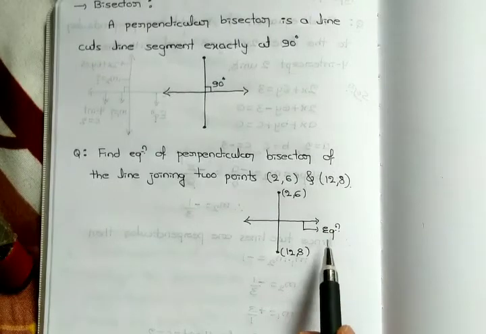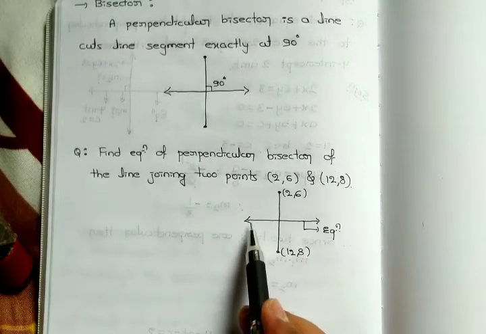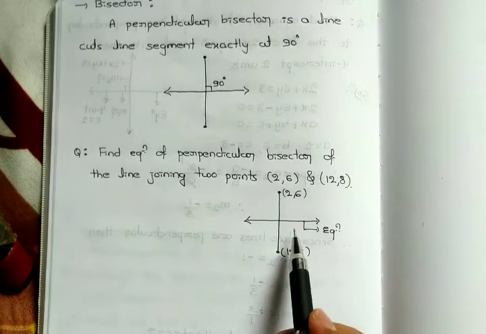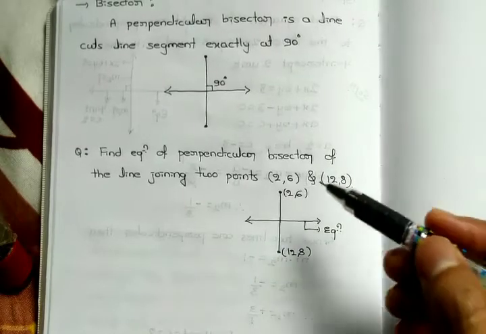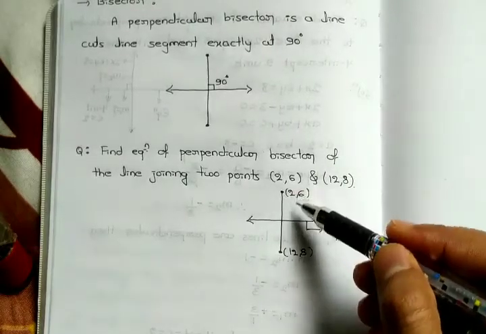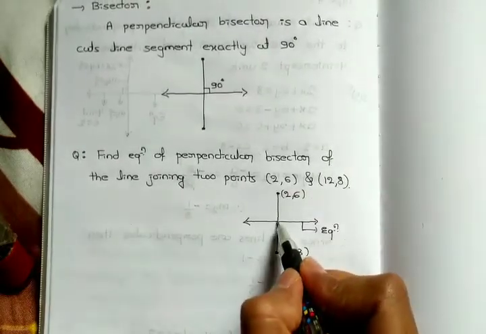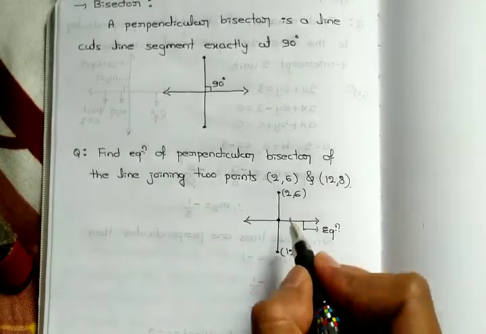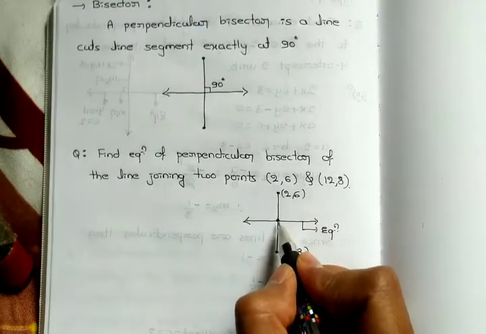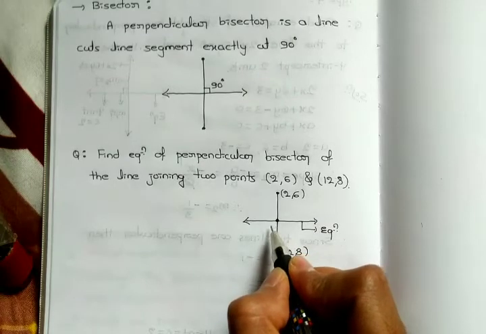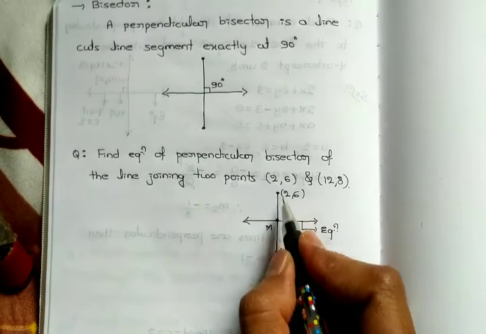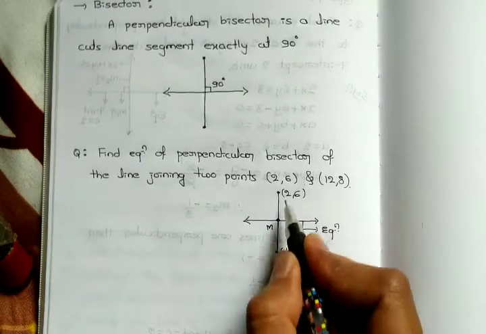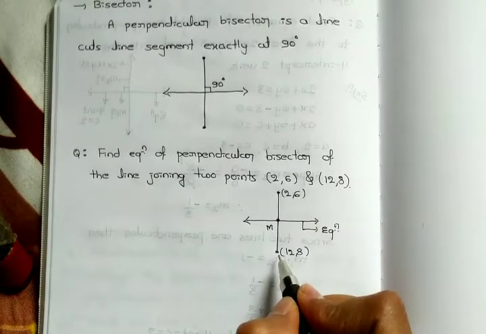To find this line's equation, you need the slope value and one point. Therefore, first using the line segment points, I'm going to find this point, which is the midpoint. I'm going to call this point M. M is the midpoint of these two points.